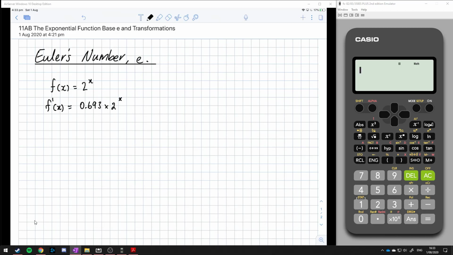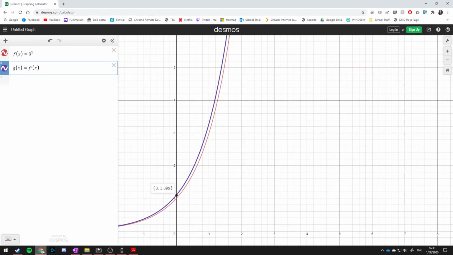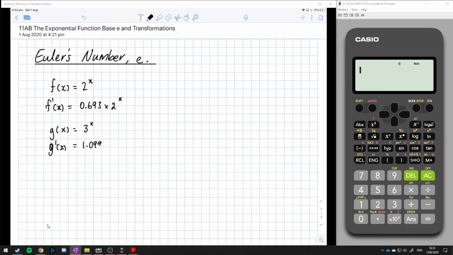So the derivative of that one is equal to 1.099 times 3 to the power of x. Basically what we're saying is that the derivatives of exponential functions are just themselves multiplied by a scale.